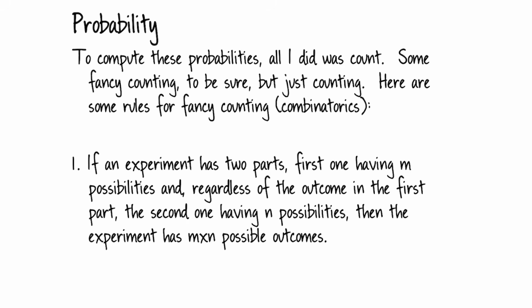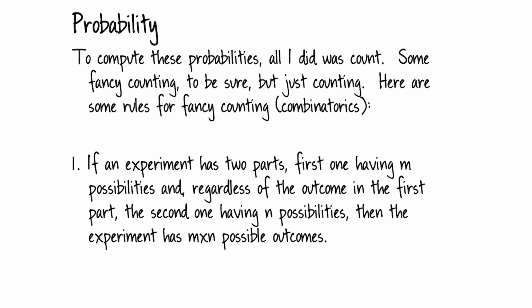Another term to describe these counting rules is combinatorics. The first counting rule: if an experiment has 2 parts, the first one has m possibilities and the second one has n possibilities, then the experiment has m times n possible outcomes.